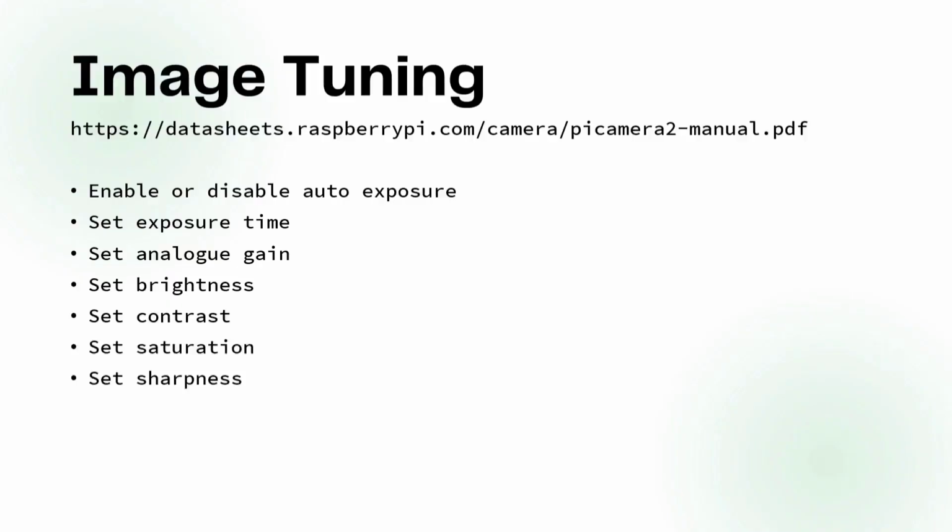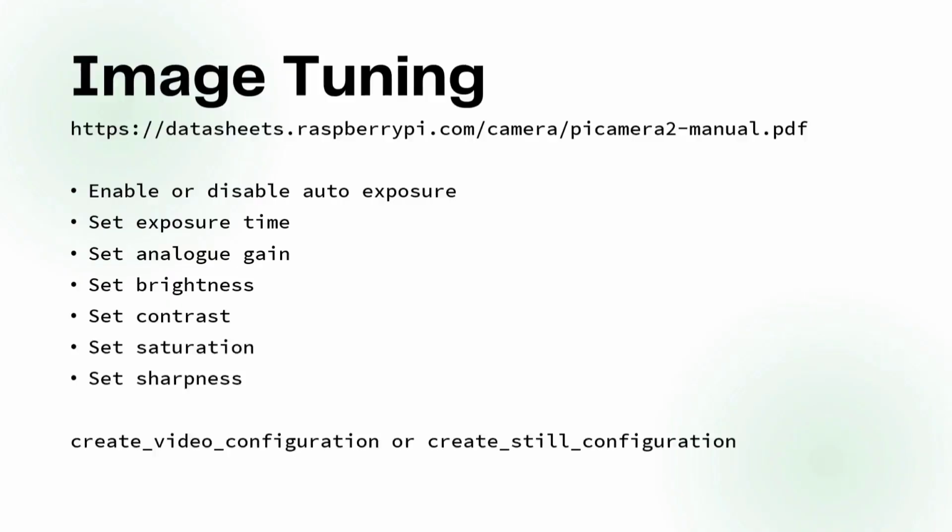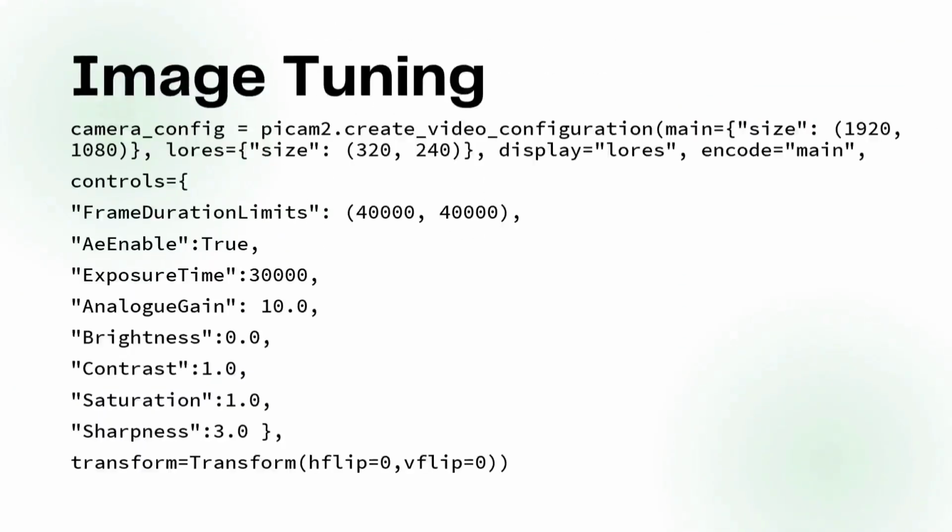All these tunings can be applied in the create_video_configuration or create_still_configuration as you require. A sample implementation is shown here. Let's go through the settings one by one. The auto exposure can be enabled or disabled by setting it as true or false.